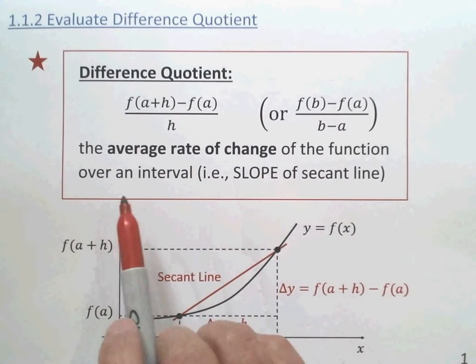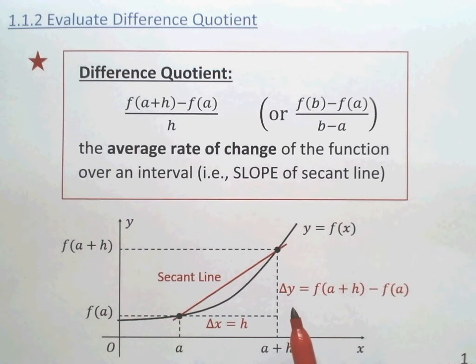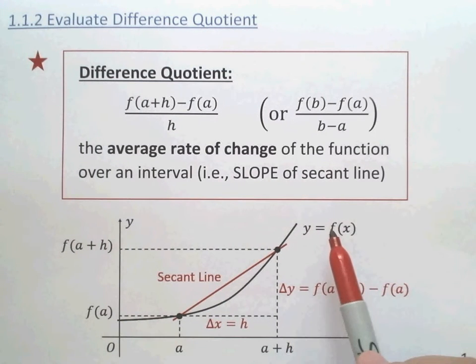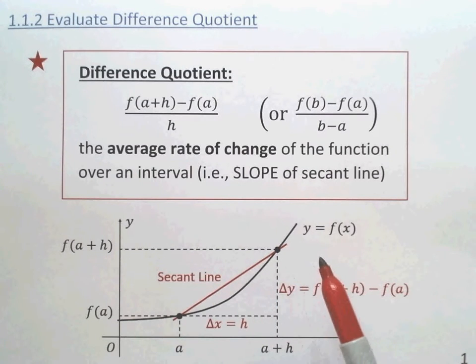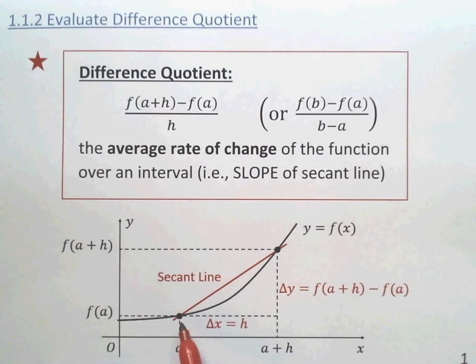Can we see? If we have a function y equals f(x), and we have two points, from here to there, the value of the function changes over the increment of x, which is h. What is the average rate of change? It means the change in y over the change in x, delta y over delta x.